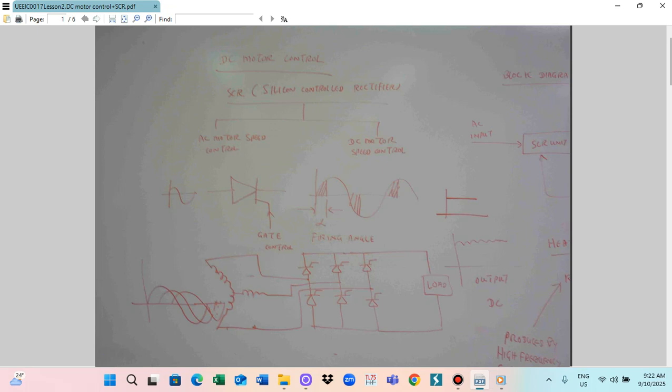So for AC motor speed control and DC motor speed control, we use the SCR system.